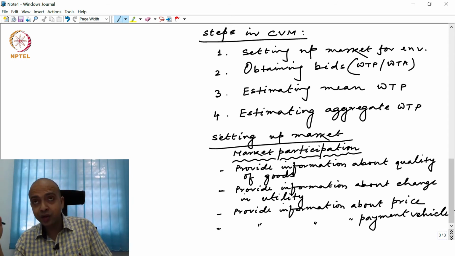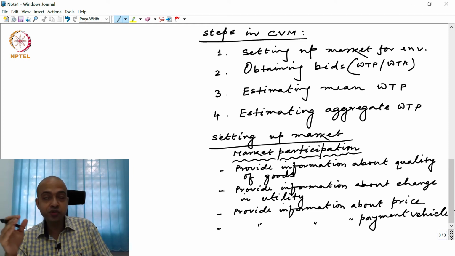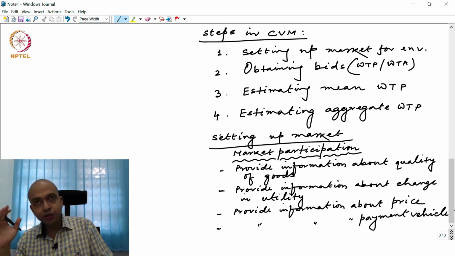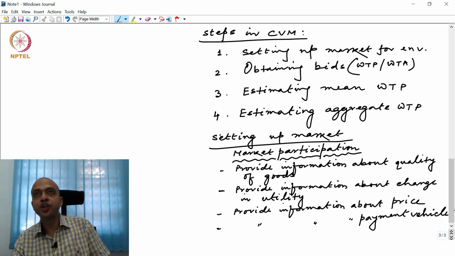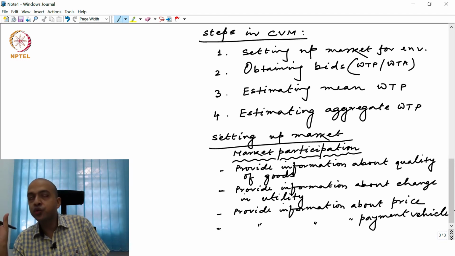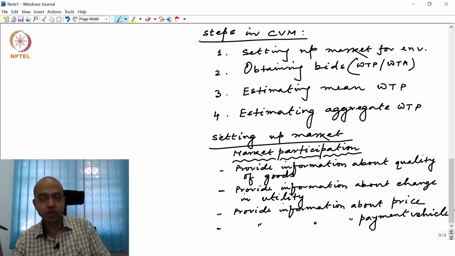If it is wetland, we have to tell them that this wetland is going to be increased from 100 acres to 150 acres, or maybe, if it is a negative change, from 100 to 75 acres because of some developmental change. And then we need to provide information, if there is a change in quality of environment, on how it is going to impact your utility or satisfaction.